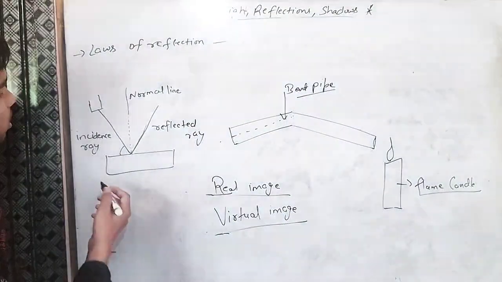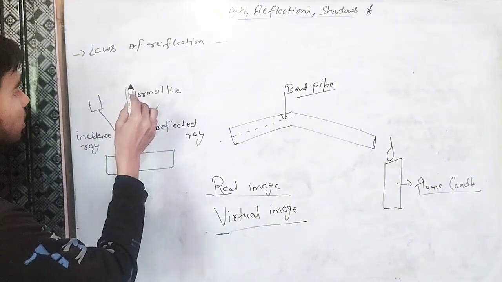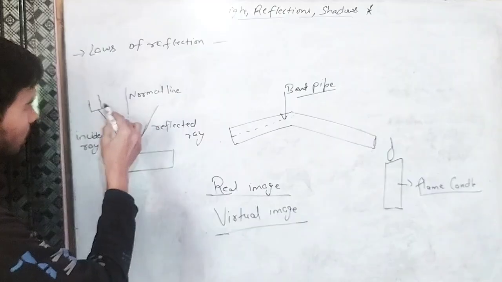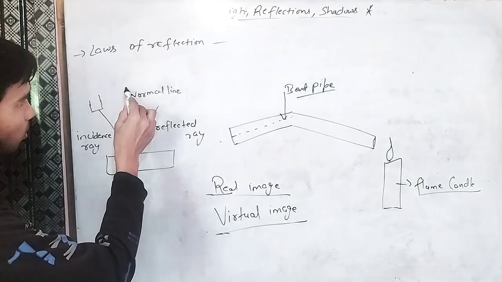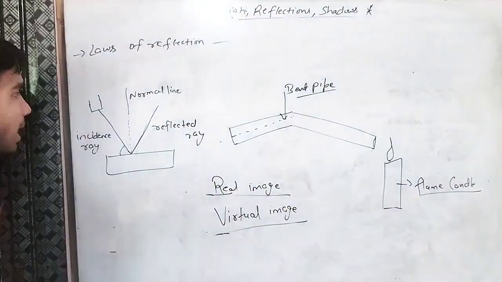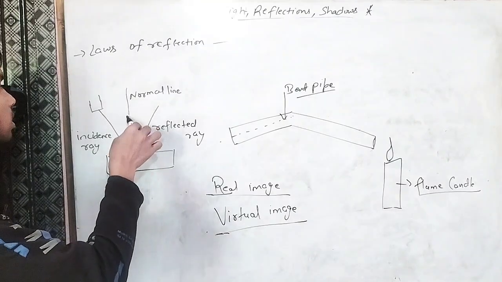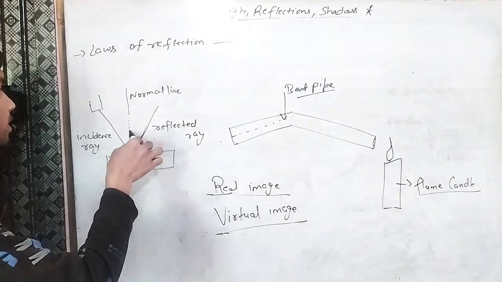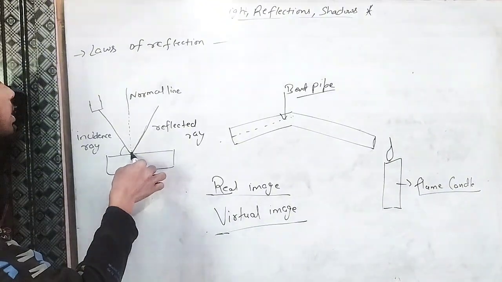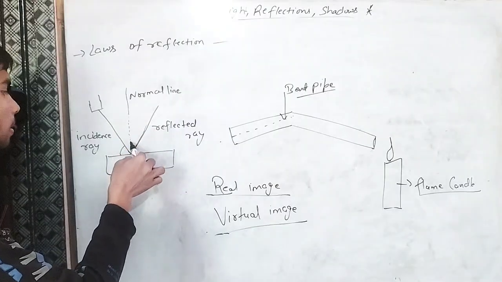Here there is a twist. What if this incidence ray is coming in straight, along the normal? What will be the angle of the reflected ray? Zero, because this is the incidence ray, and then it will turn back into the same direction from which the incidence ray is coming.